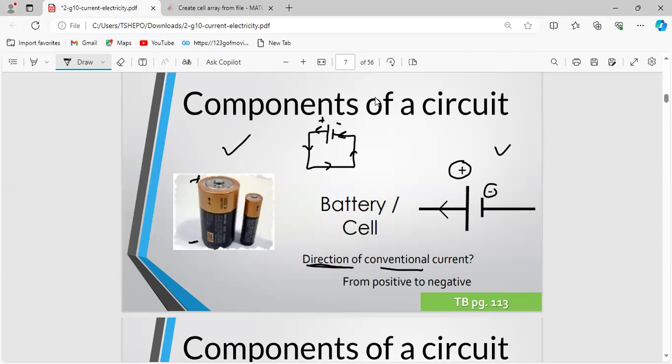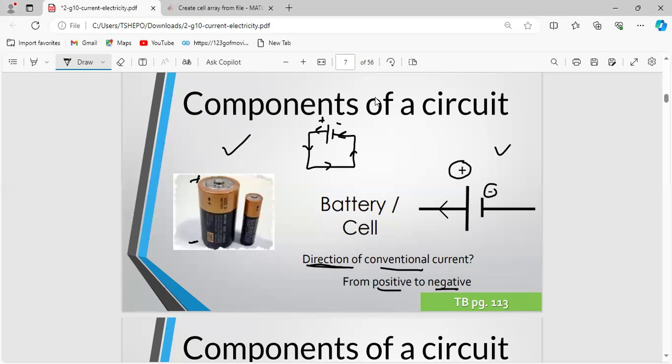It leaves one end and then enters again at the opposite end. That's how current actually works in a closed circuit just like this. So current will move from the positive to the negative terminal, from the tall man to the short negative man.